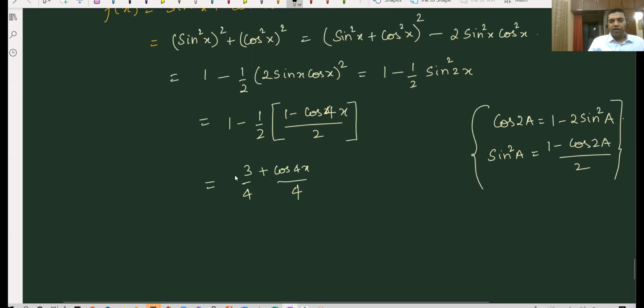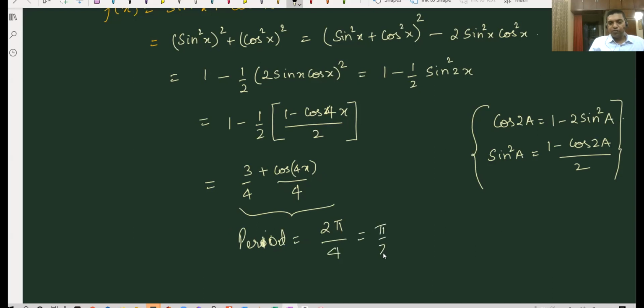Now we have seen that when you add a number to a function, it doesn't change its period. You multiply a number to a function, it doesn't change. But when you multiply a number to x, the period changes. So the period of cos 4x is 2 pi divided by the coefficient of x, 4.